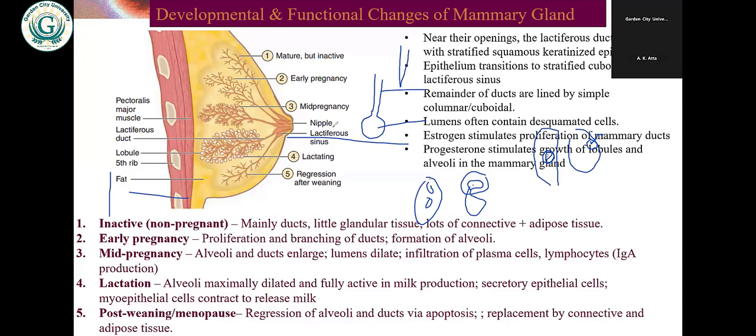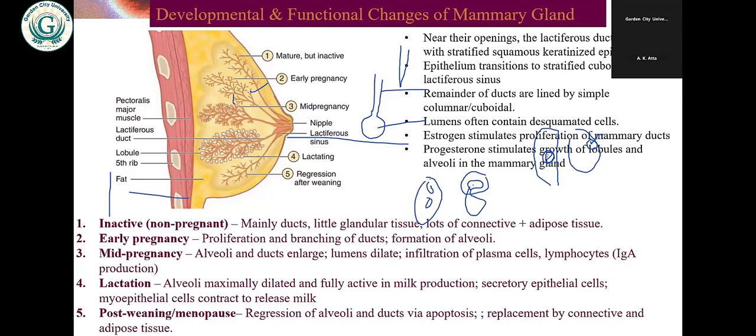Okay. So in early pregnancy, under the influence of hormones, there's proliferation and branching of the ducts. And then of course the alveoli begin to form. Then in mid-pregnancy you have a lot of alveoli there. The lumen dilates. Then in the third trimester you begin to have some breast milk inside.